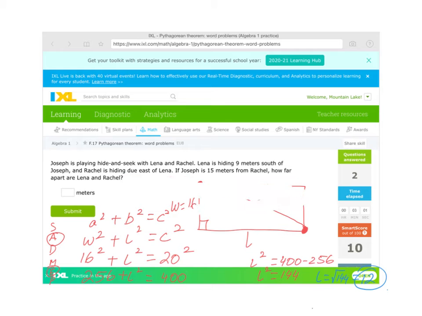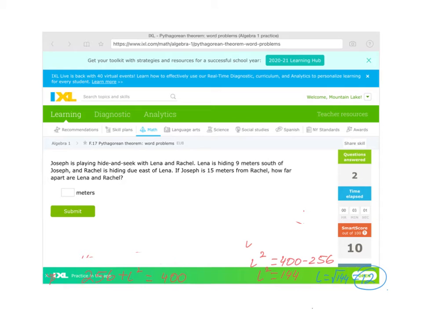Okay, let's try another one. Okay, so now we have Joseph is playing hide and seek with Lena and Rachel. Lena is hiding 9 meters south of Joseph.